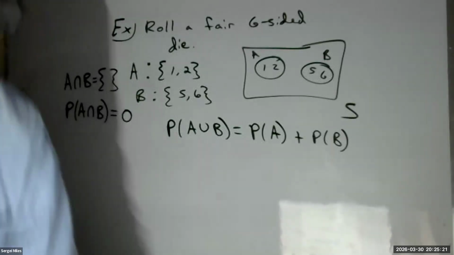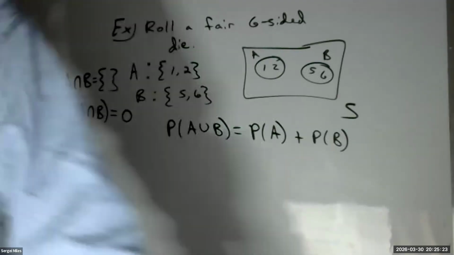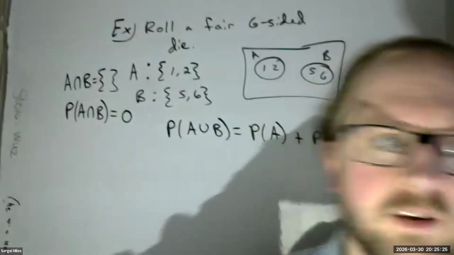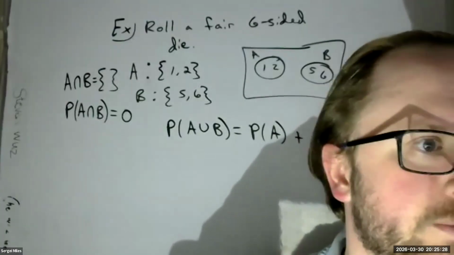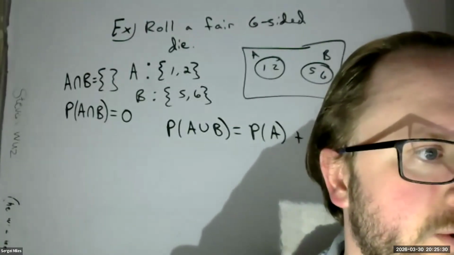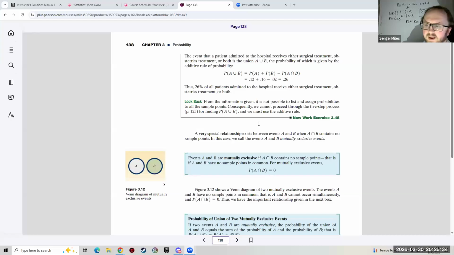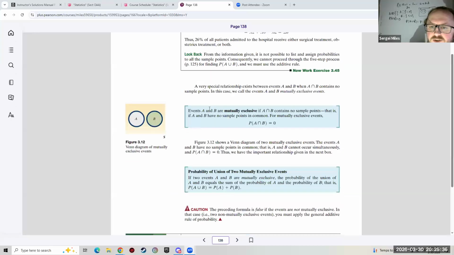Now, they give this definition in the textbook, so I'm going to switch to sharing my screen here. So let me share my screen, going back to the textbook. And we have here this definition. Two events are called mutually exclusive if their intersection contains no sample points.